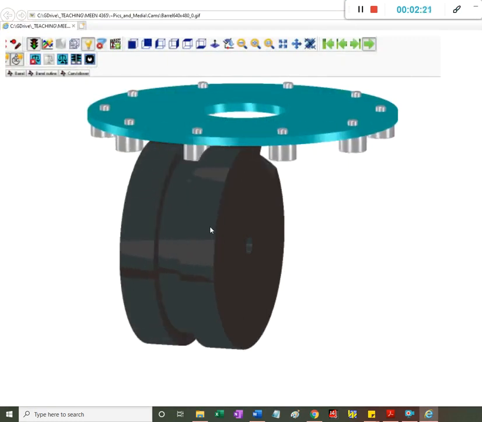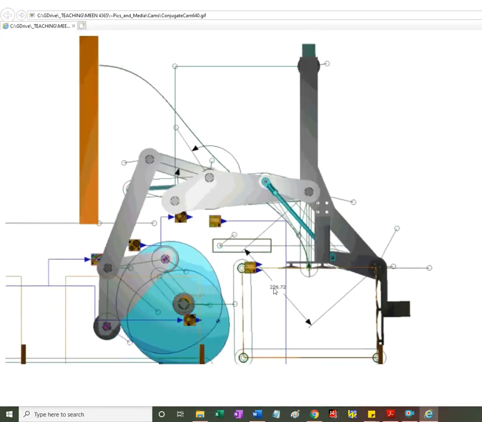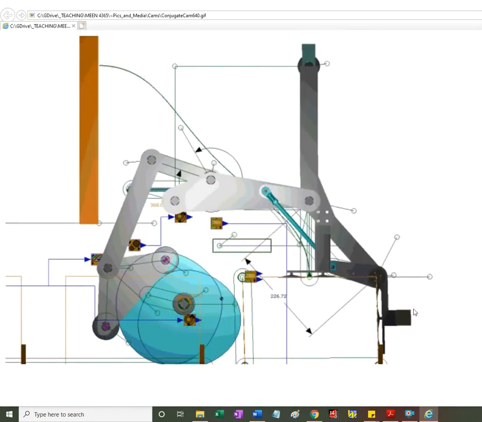There are indexing mechanisms that use cams, used in packaging or assembly processes, and they can work in conjunction with linkages for pick and place applications, with high repeatability.